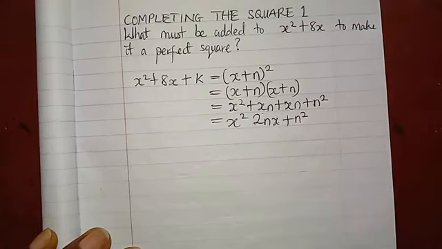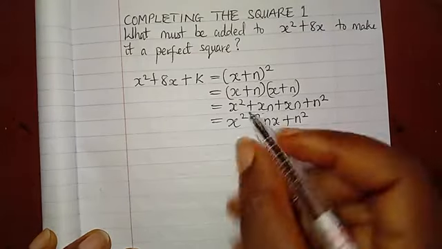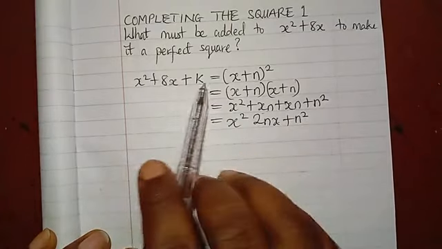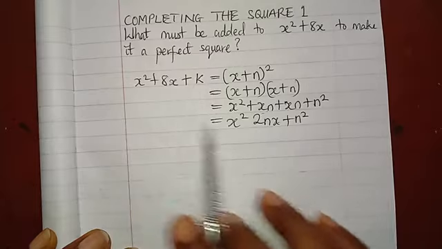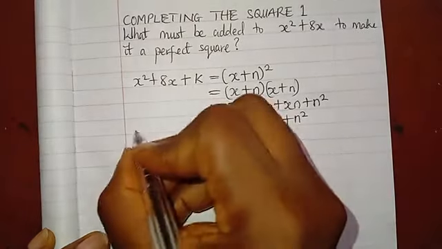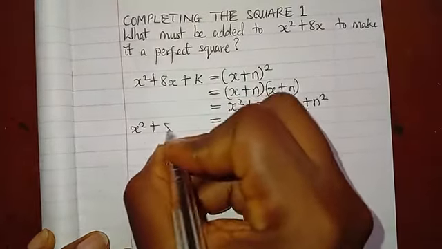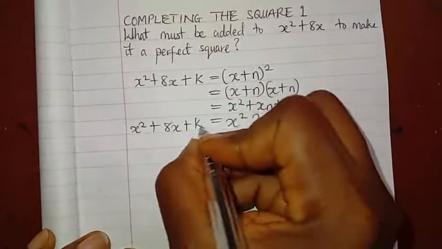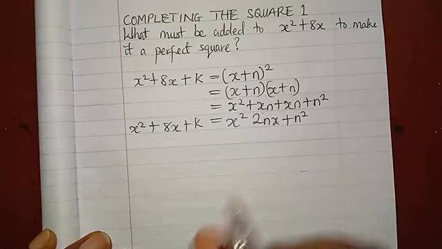plus n squared. Remember we are looking at what do we add to this. That is, what does this constant become so that it will look like a perfect square. So we have our x squared plus 8x plus that constant k.